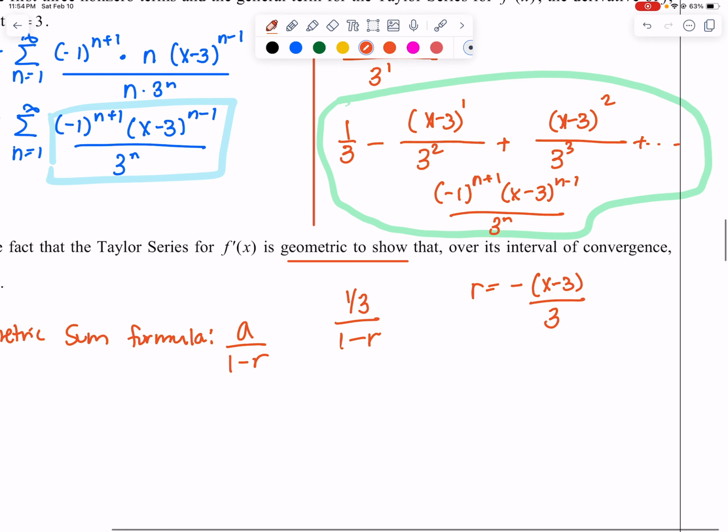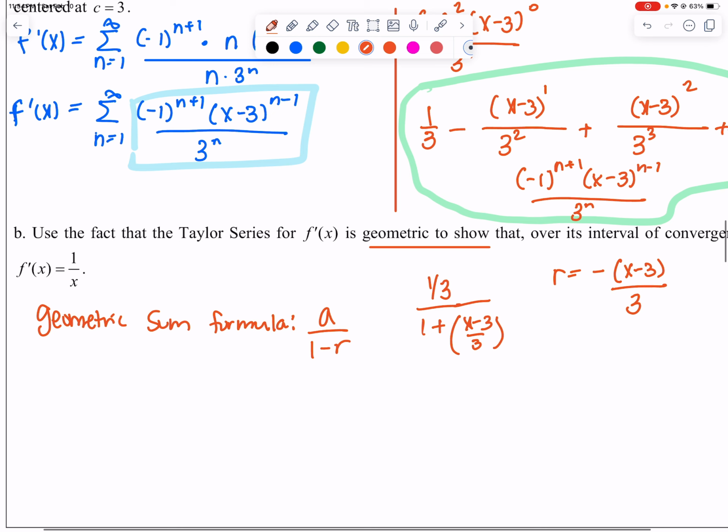So now I have 1/3 over 1 minus this right here, so technically 1 plus x minus 3 over 3. We're going to have to simplify this because we want to show that this eventually will become 1 over x.